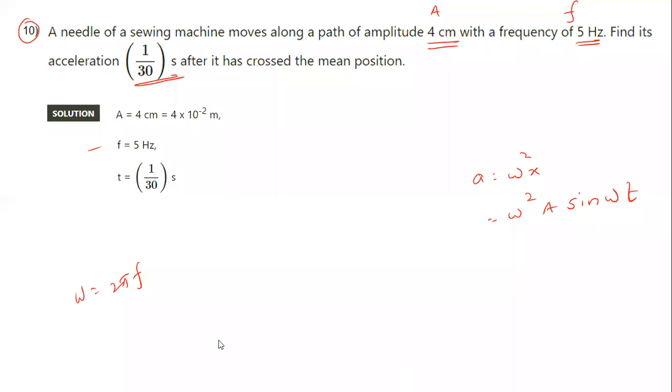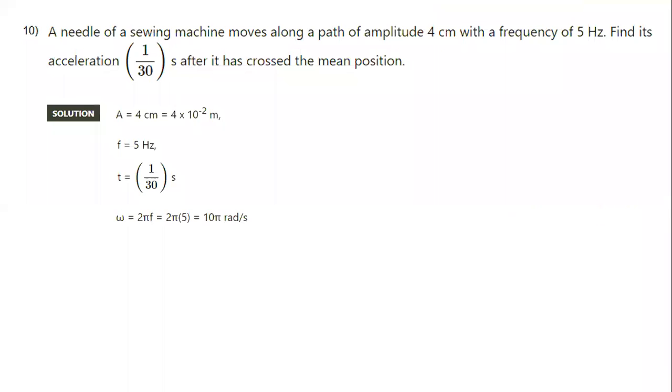Now let me explain here. I hope you understood the hint. Now let's see the detailed solution here. So here omega is 2 pi f and frequency is 5. So if we substitute f as 5, then we get omega 10 pi radian per second. Therefore, for the magnitude of acceleration, you know that acceleration is omega square x, but x is not known.